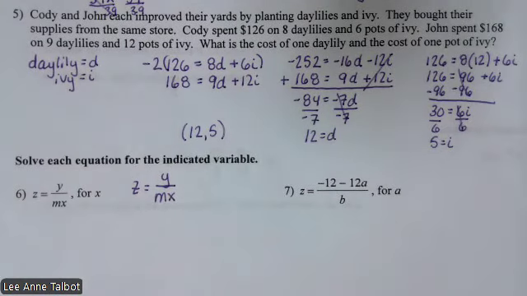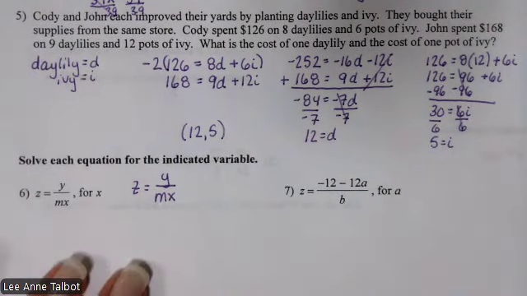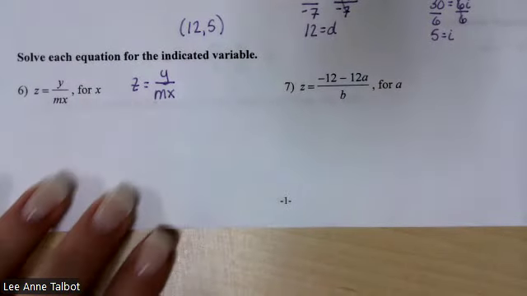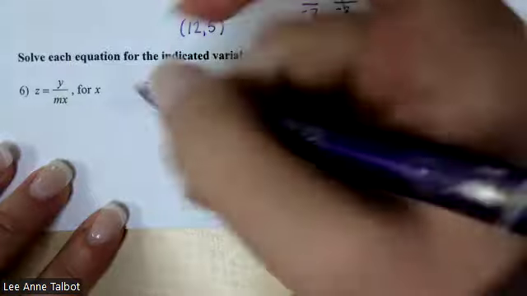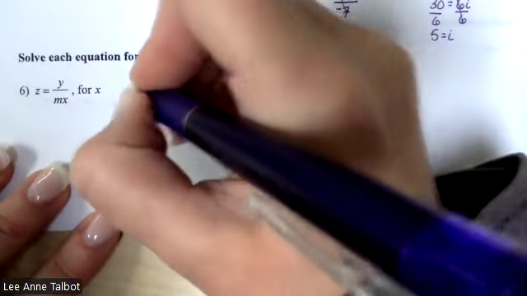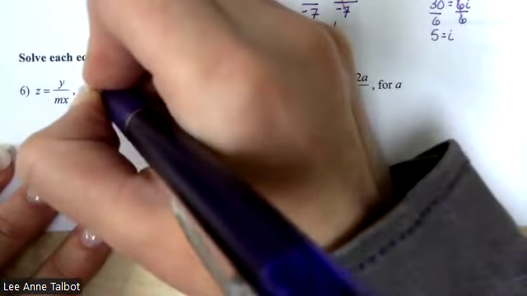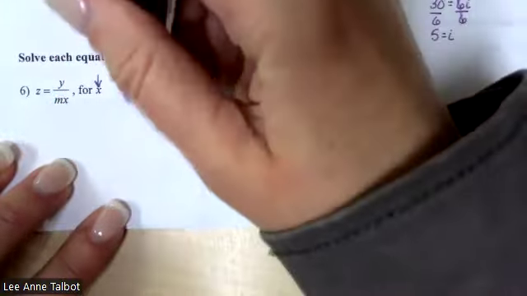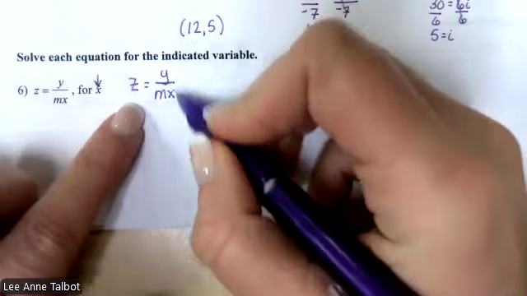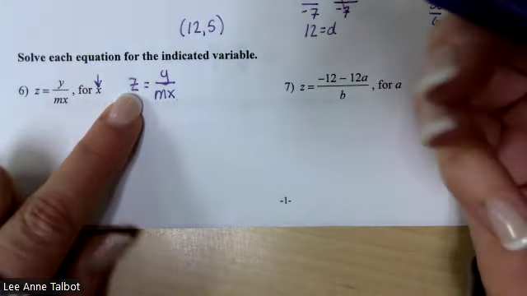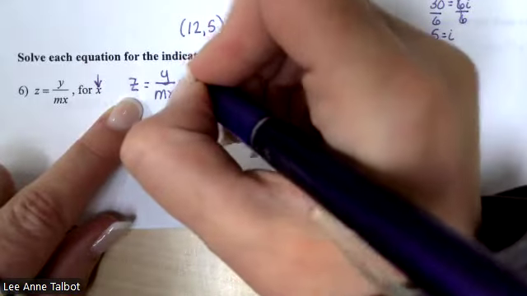Okay. Next topic is literal equations. It's just your favorite. Oh, how you love it. I know you do. They're hard for sure. Okay, so you want to solve for x in this one. And I noticed this is division, so I undo division with multiplication.